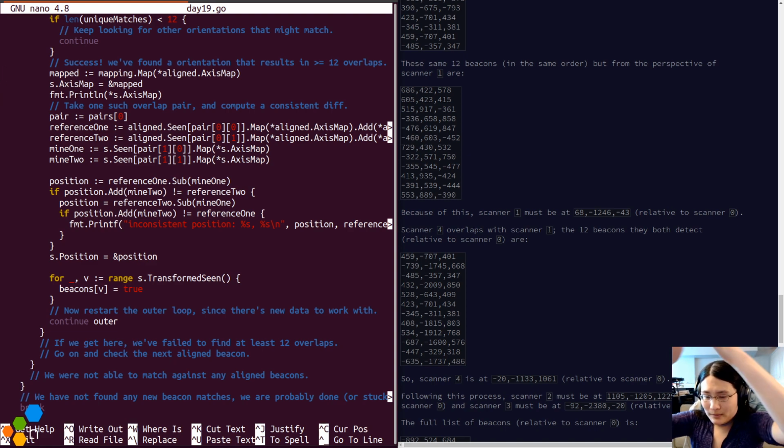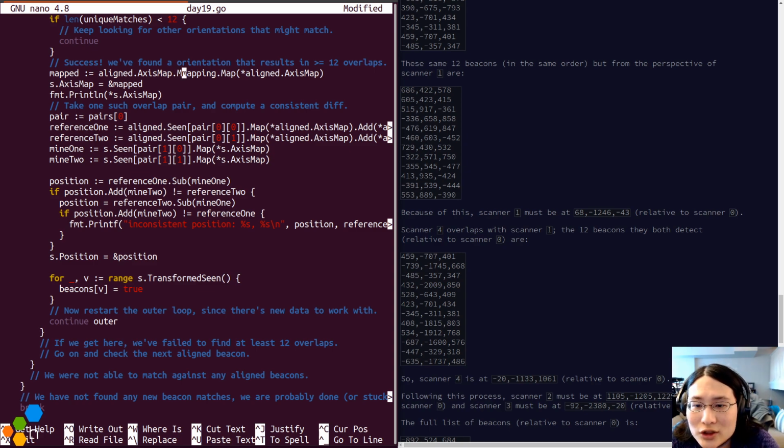So maybe when I find a pair... Ah. I think I see the problem. So I think the problem is that if the pair order is reversed, then the order of the mapping also has to change. That might be the case.